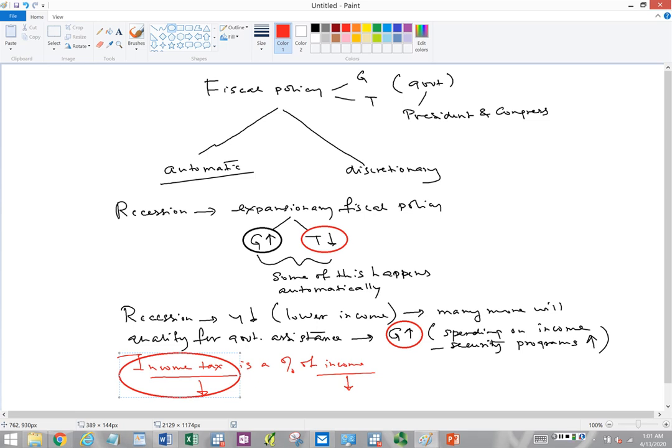Let's contrast that with discretionary fiscal policy. Discretionary fiscal policy is deliberate. Now consider the recession we're currently in because of the economy shutting down on account of the health crisis.